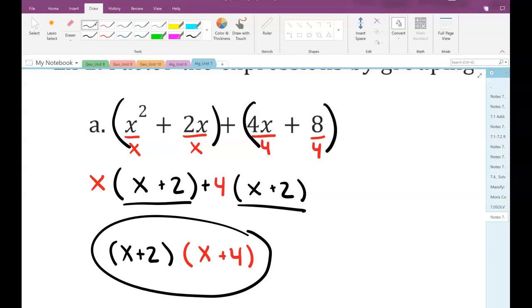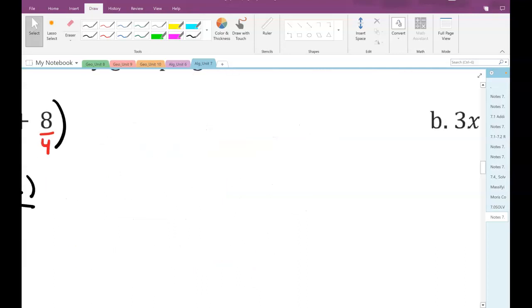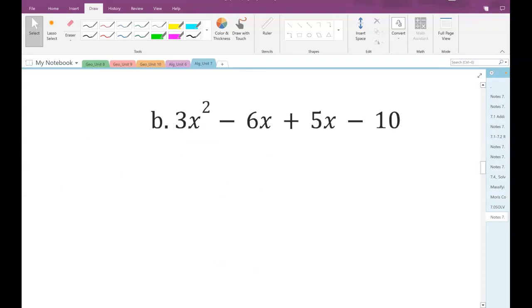So this process takes just a little bit of getting used to. So we're going to do a few more examples. Let's do example B now. Your first step is always going to be to group your things together, so your parentheses. Group them together.